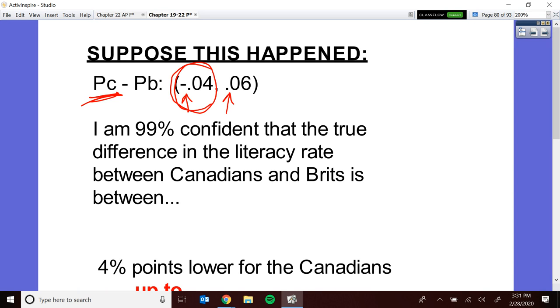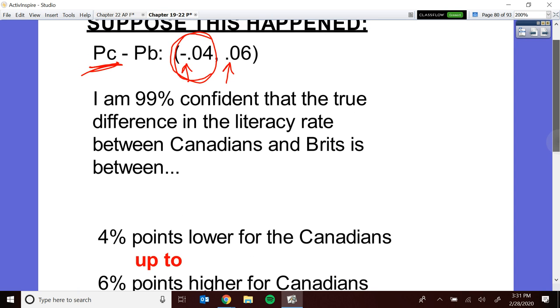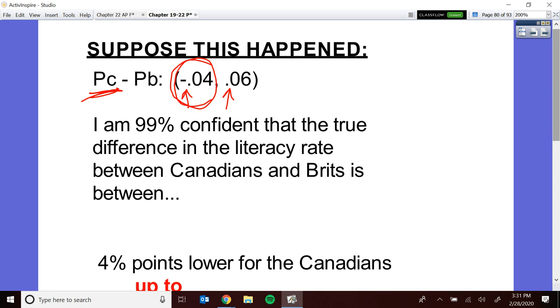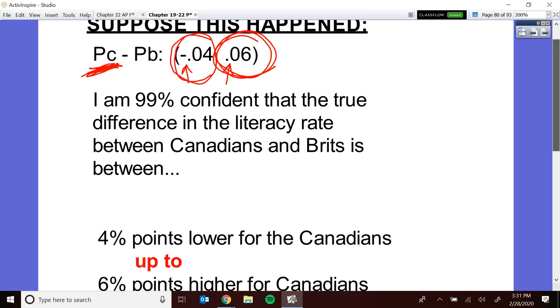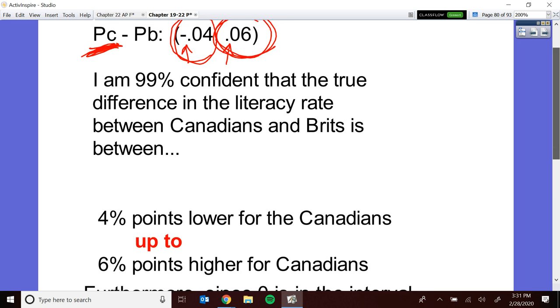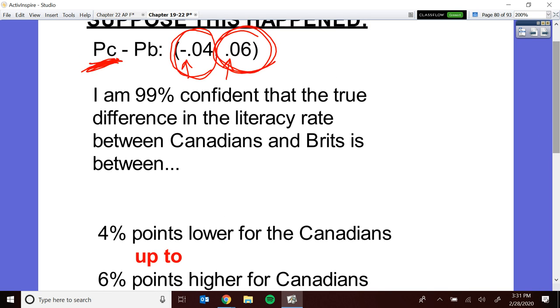So 4% lower for the Canadians, up to what this one says, 6%, and it's positive, so it is higher for the Canadians. So 4% lower for the Canadians, up to 6% higher for the Canadians. Both times I'm talking about the first item in my subtraction.